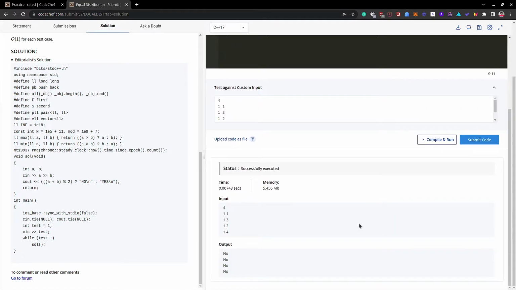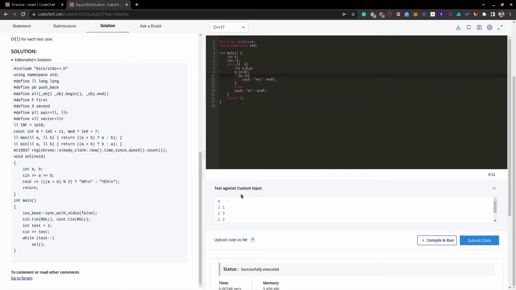They are showing that they are checking the condition: if this is true, then no, or else yes. Equals to 0, and cout no, or else yes.